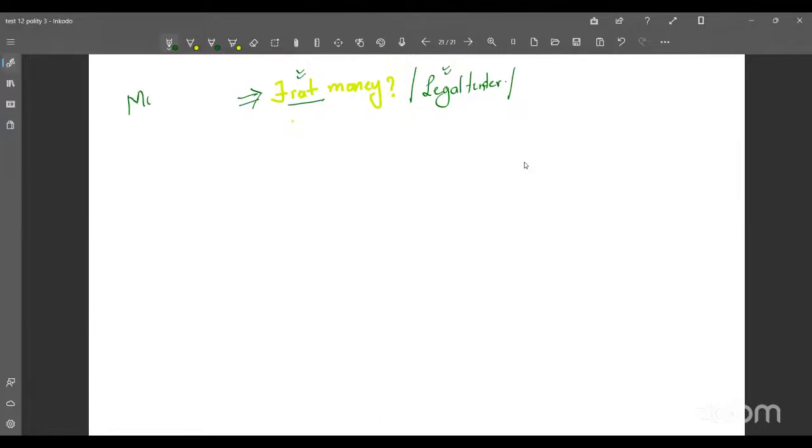So what is money? See, money acts as a storage of value. So this is one function of money.